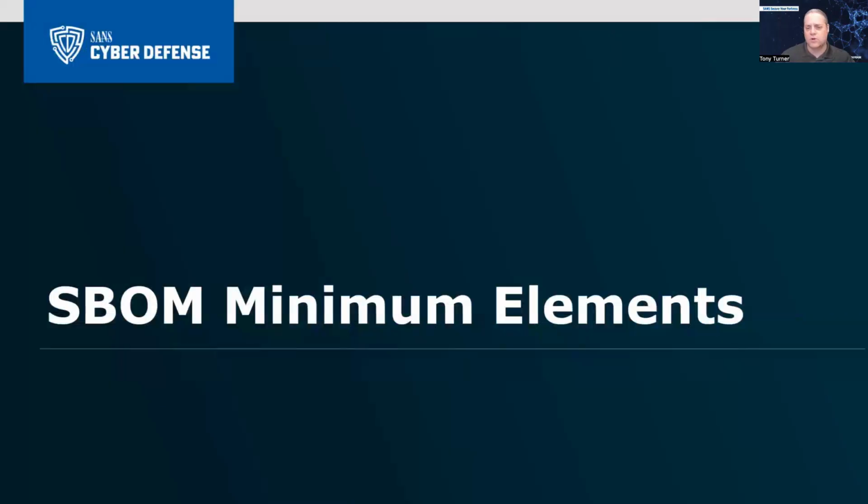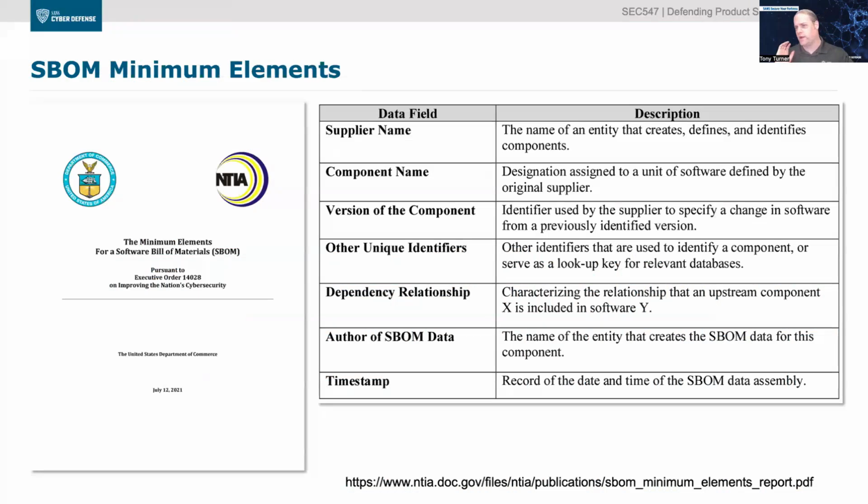All right. So one of the ways that we look at what makes up a quality SBOM is using what's referred to as the SBOM minimum elements, or the 7 minimum elements. This is a set of criteria, 7 initial fields that were codified by the NTIA as part of Executive Order 14028, which is what a lot of us know as the impetus behind current movements of software bill of materials.